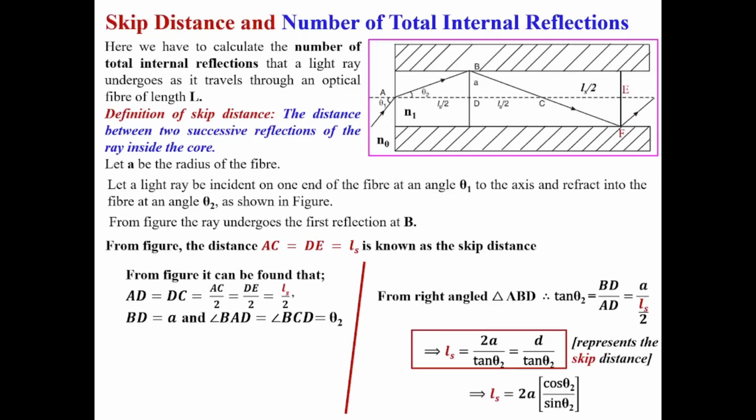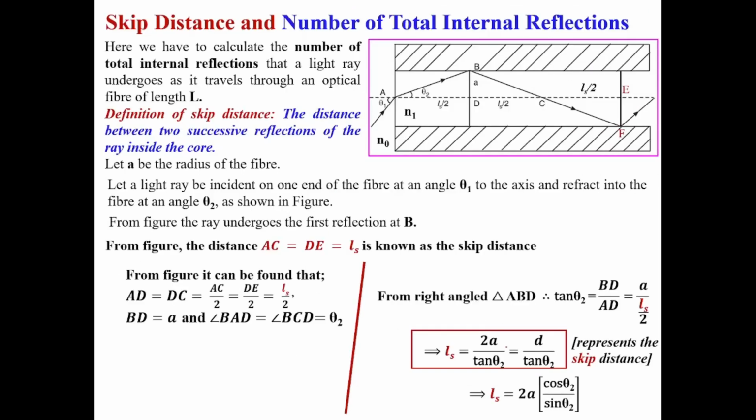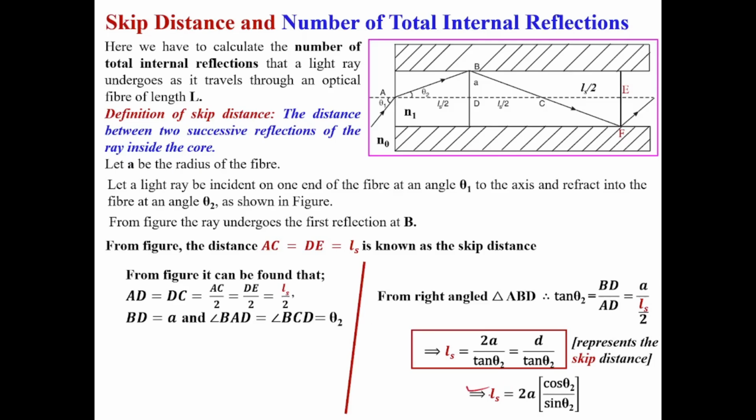Now we are going to write this LS, skip distance, in the form of theta 1. Here this expression is in the form of theta 2, the refracted angle. Suppose in the numerical it is given theta 1, then what will be the expression for skip distance? Here we found this expression.